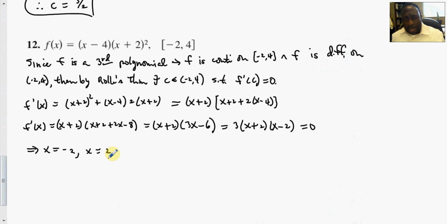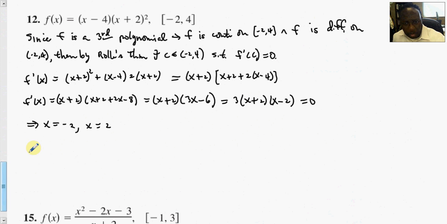Now the number C, or C's, would have to exist on the open interval from -2 to 4. Well, -2 is not on the open interval from -2 to 4, but 2 is.